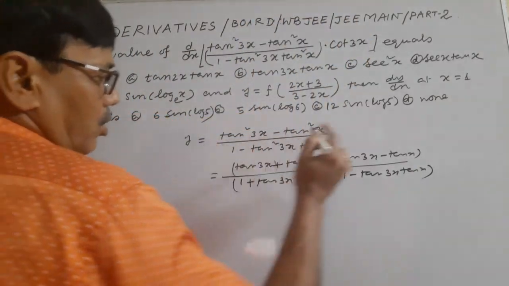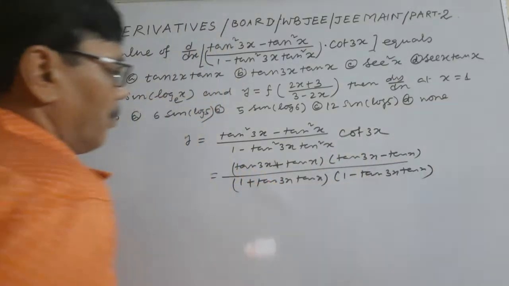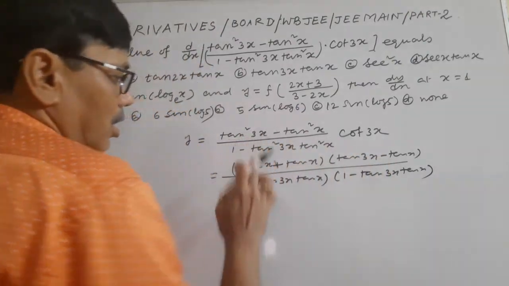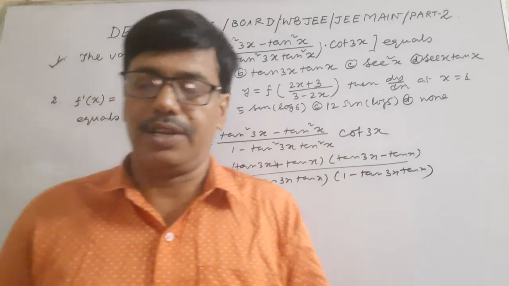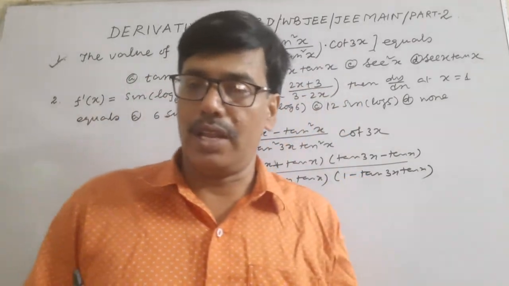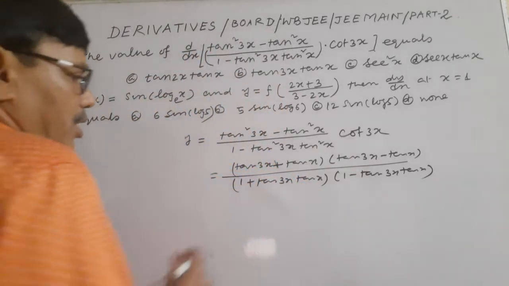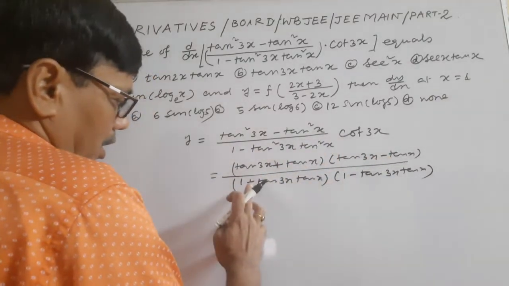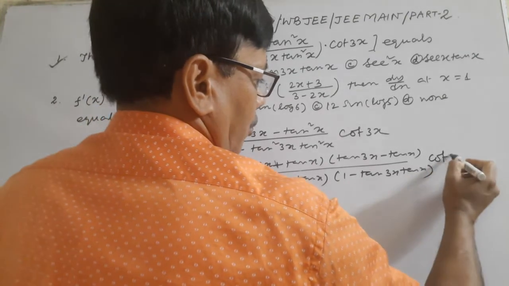So, y equals to... now, before differentiating we have already discussed, we try to simplify y if possible. So, we simplify it. a² minus b² is (a plus b)(a minus b), so (a plus b)(a minus b) into cot 3x.